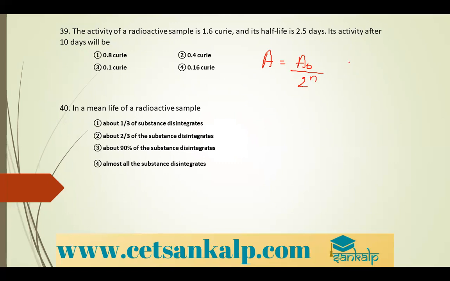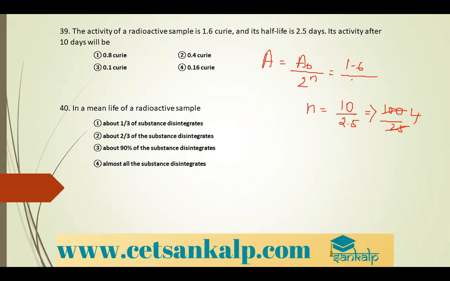A naught is 1.6, and n, number of half-lives, is 10 divided by 2.5, which is 100 divided by 25, that is 4.